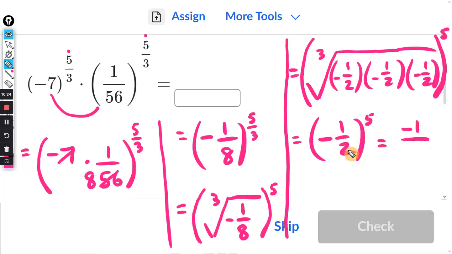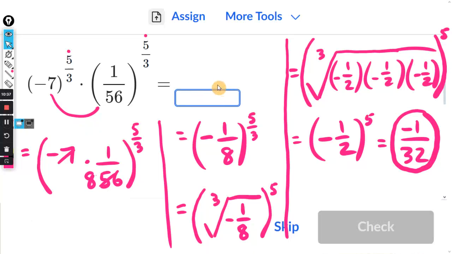If you multiply 2 5 times, that's 32. Final answer: negative 1/32, right in the box. A negative sign in the front of the fraction or in the numerator, that's the same thing.